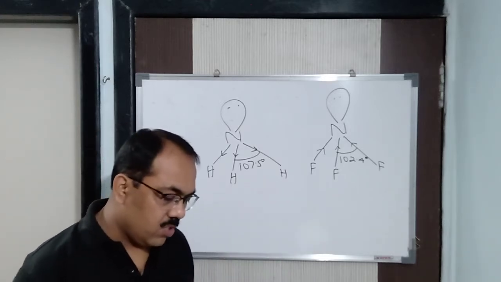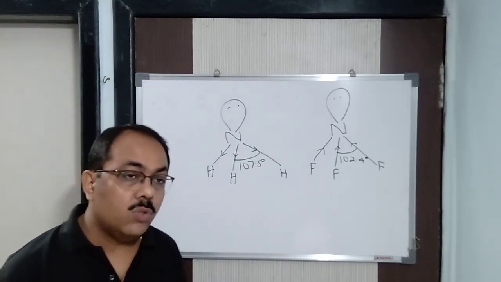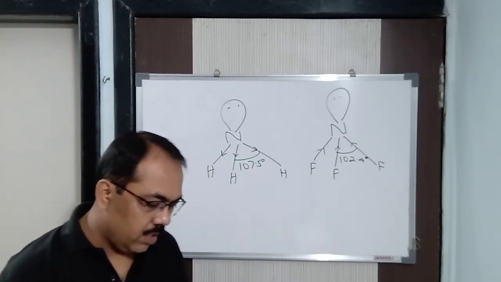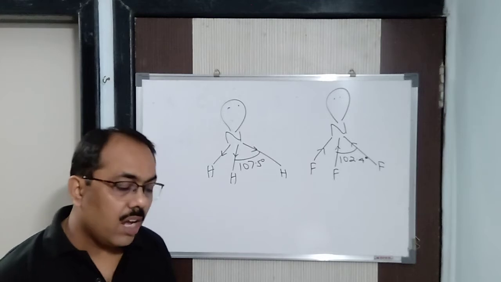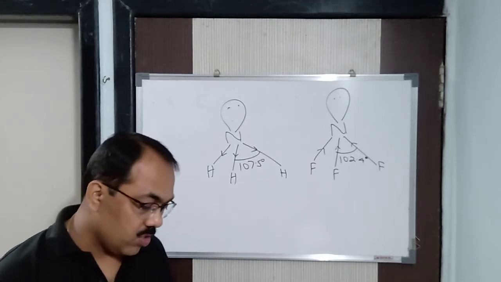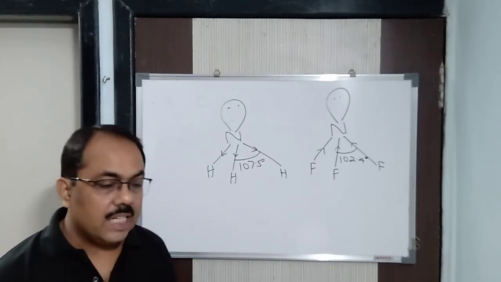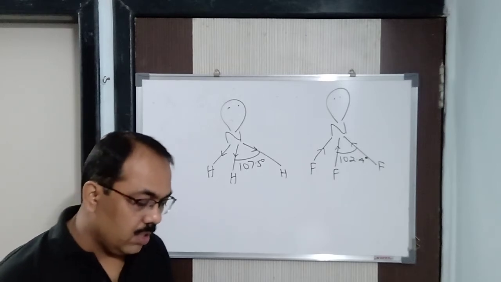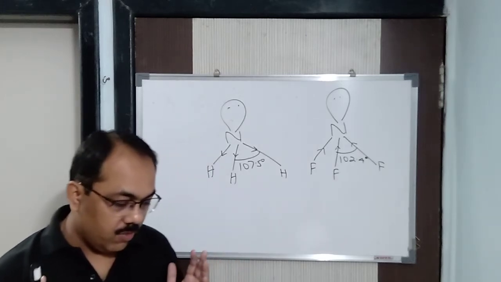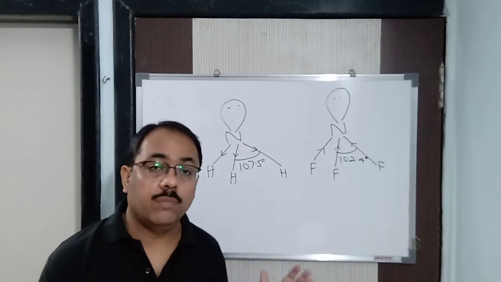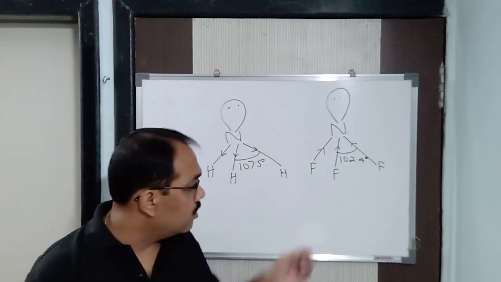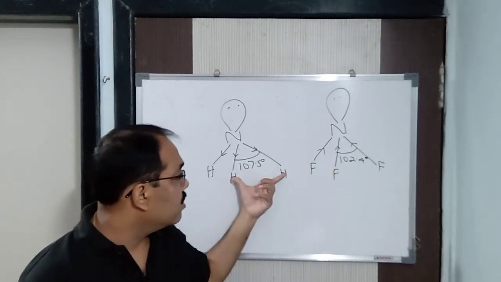That is, the bond pairs of electrons are away from nitrogen, or in other words, the distance between the bond pairs is more.